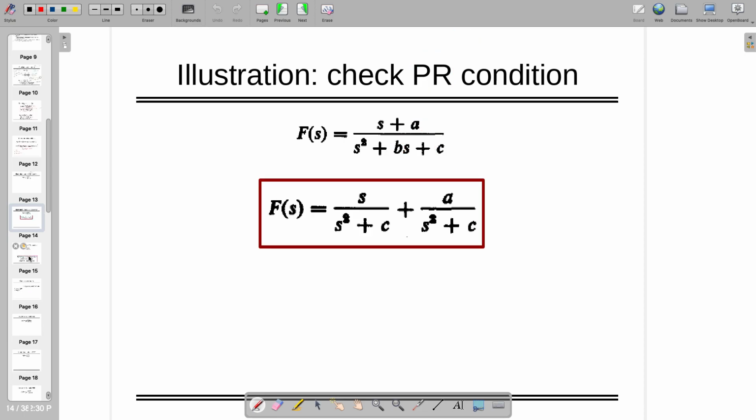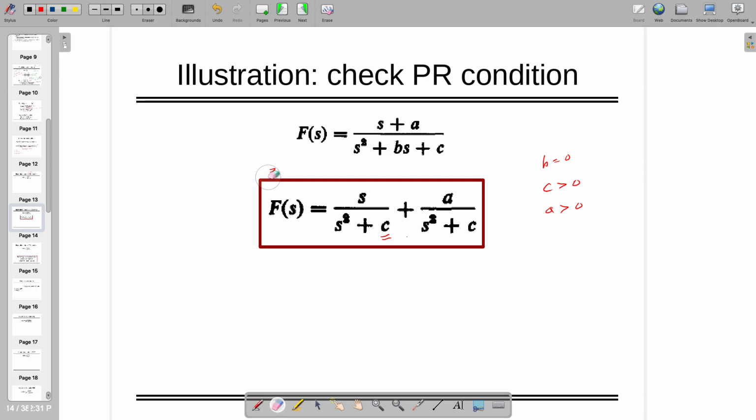If B equal to 0, the situation is easy. It's realizable for C greater than 0, A greater than 0. If B equal to 0, this is one possible thing, right? You can synthesize this, right? If this is an impedance function, you can write down its two admittances in parallel, right?